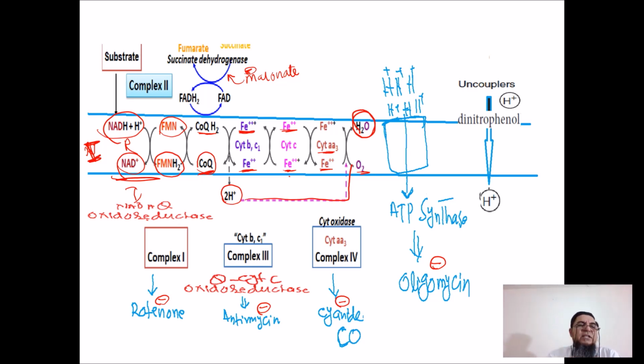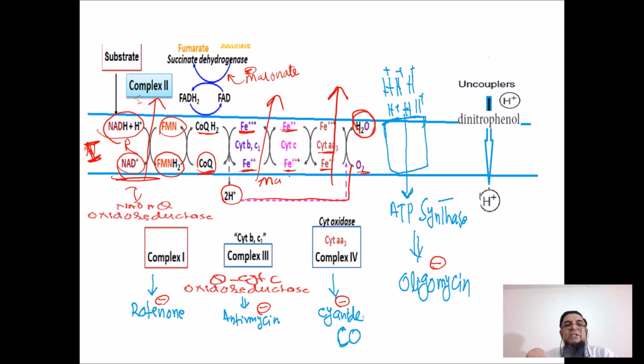As we know, complex 1 pumps hydrogen from the matrix to the intermembrane space. Complex 3 also pumps hydrogen from the matrix to the intermembrane space, and then cytochrome AA3, complex 4, also pumps hydrogen into the intermembrane space.